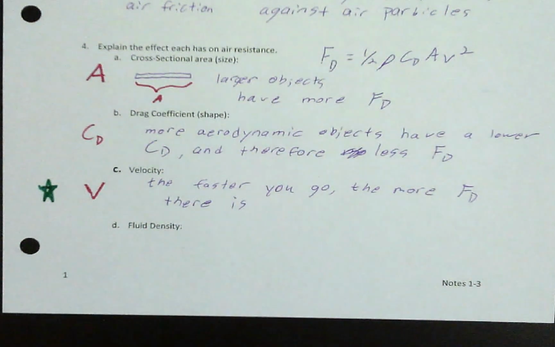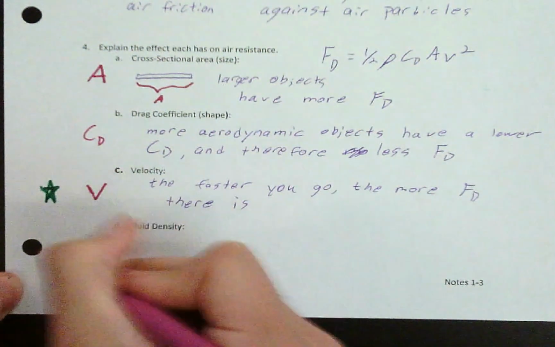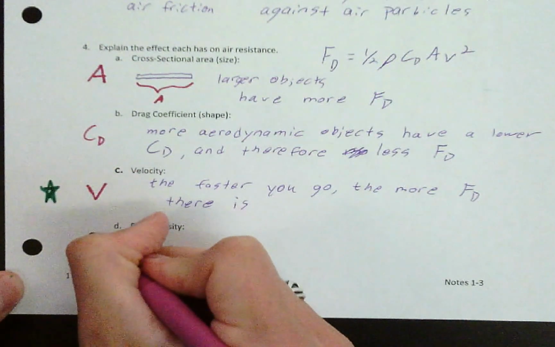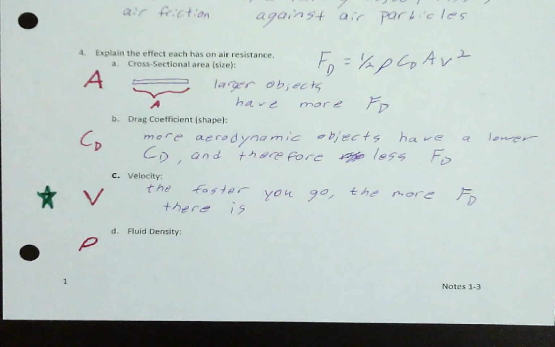And then the last one here is fluid density. Okay, and that one is this guy here, the Greek letter rho. Fluid density is how dense is the air. Obviously, more dense air is going to have more particles, therefore you're going to rub on it more, therefore you're going to have more air resistance.